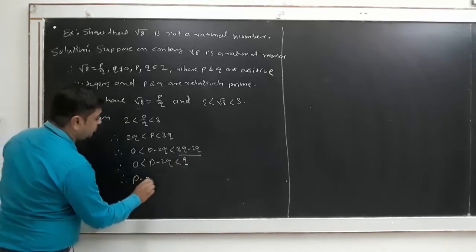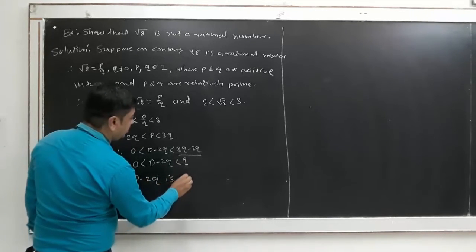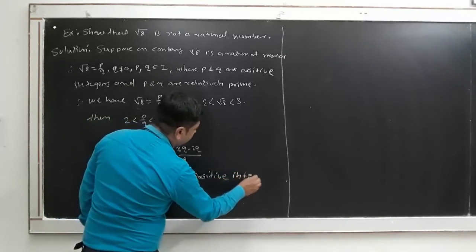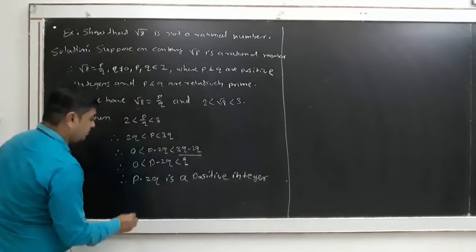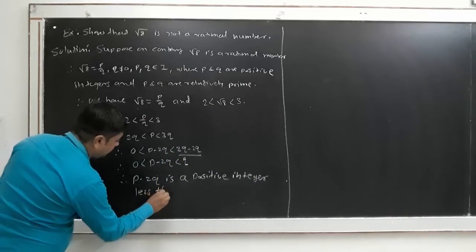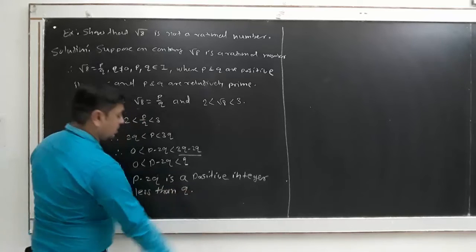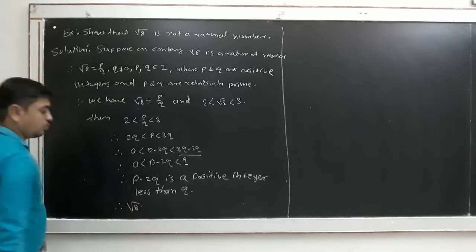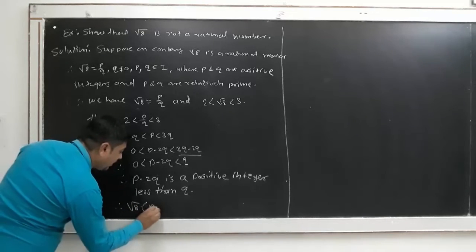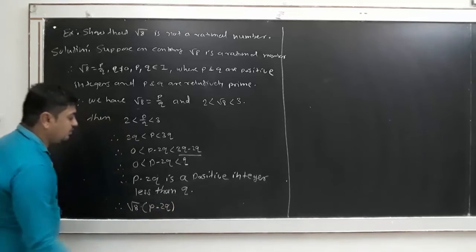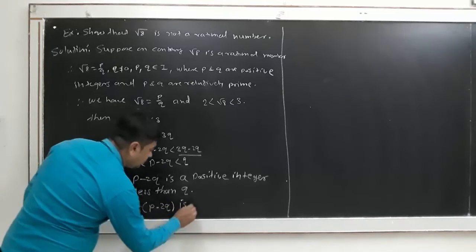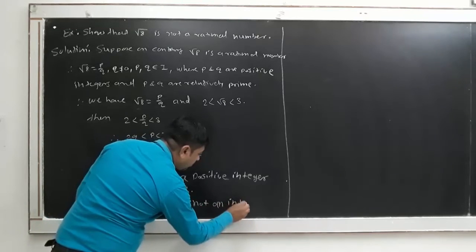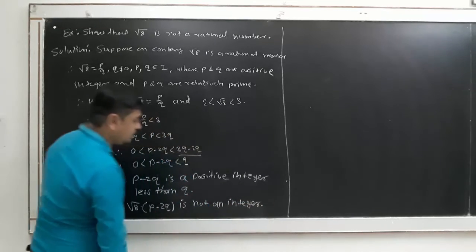Therefore P minus 2Q is a positive integer less than Q, and therefore root 8 into P minus 2Q is not an integer.